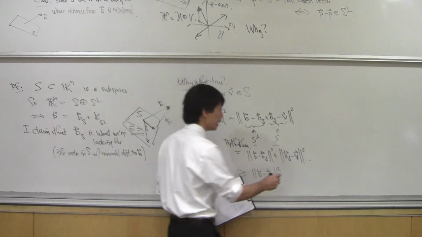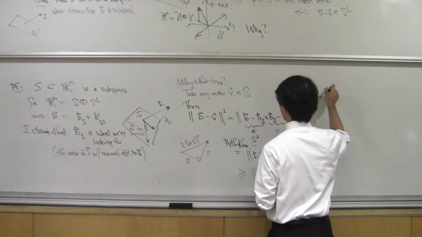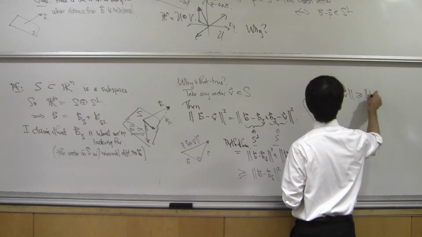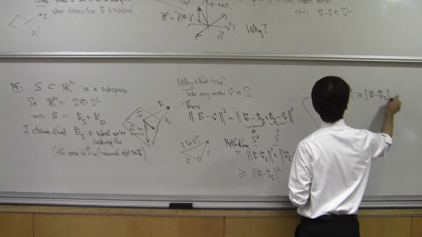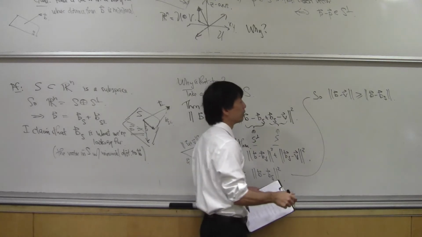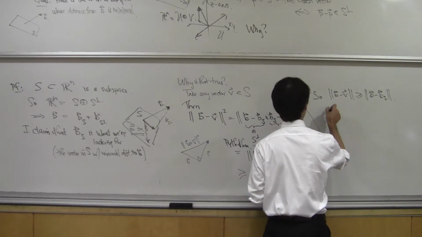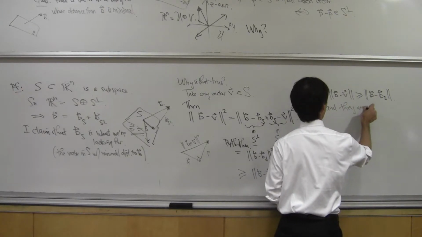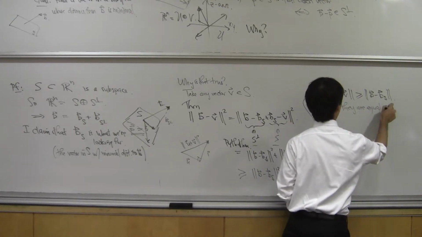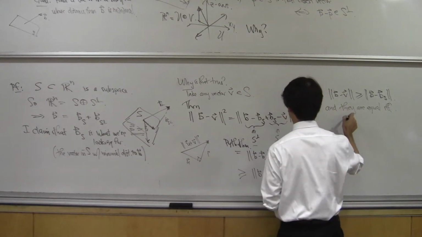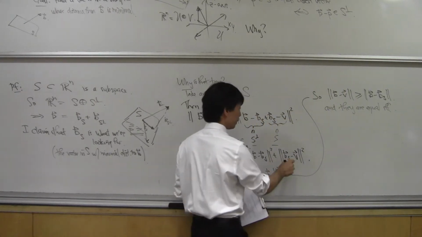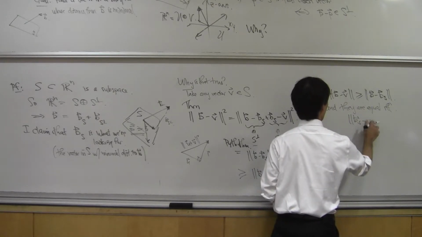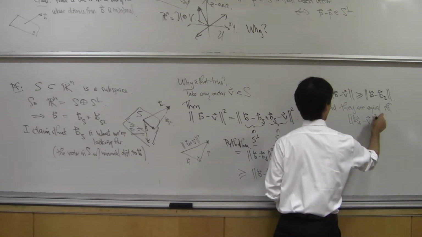And so you see that the distance of b to v is greater than or equal to the distance of b to bs, and that they are equal if and only if bs minus b equals 0.